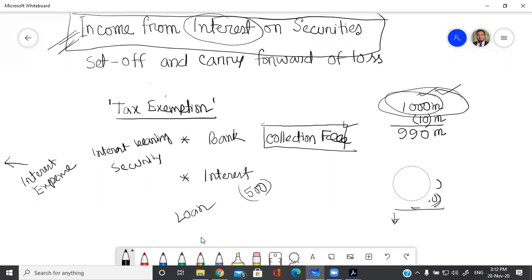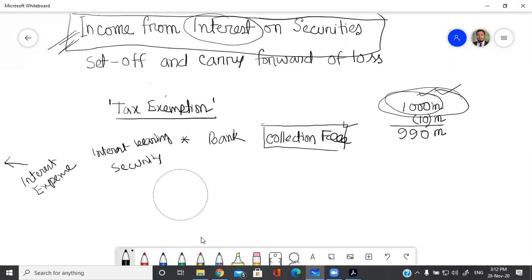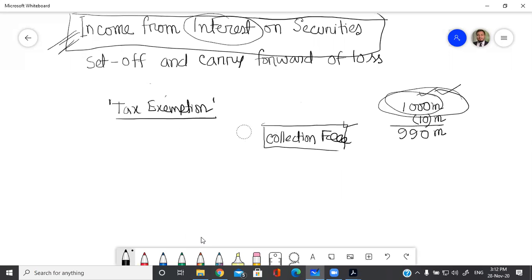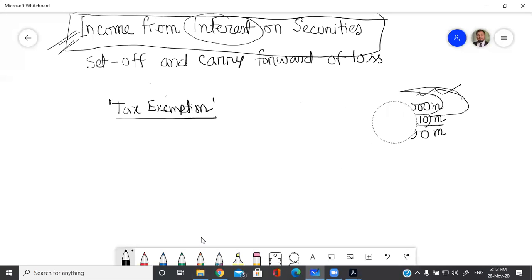Now, there is a caution regarding this allowance. So what is that caution? That caution is like, if you have taken a loan for buying a security on which interest income is tax exempted, say a government security.